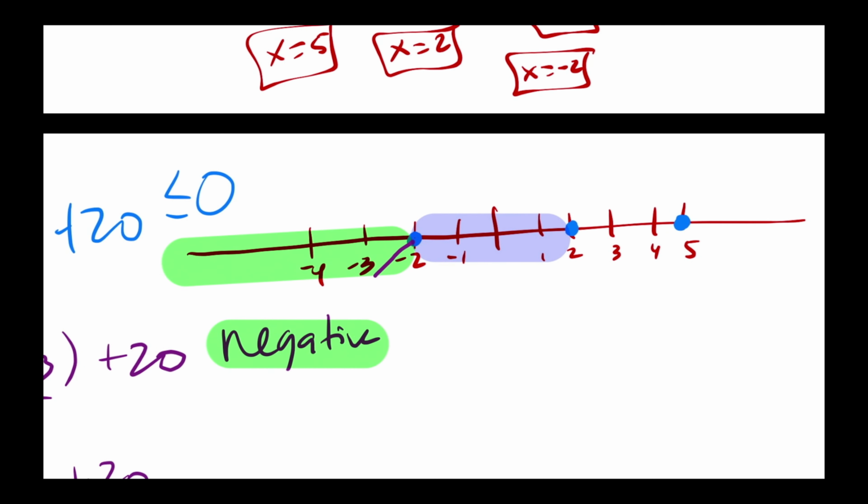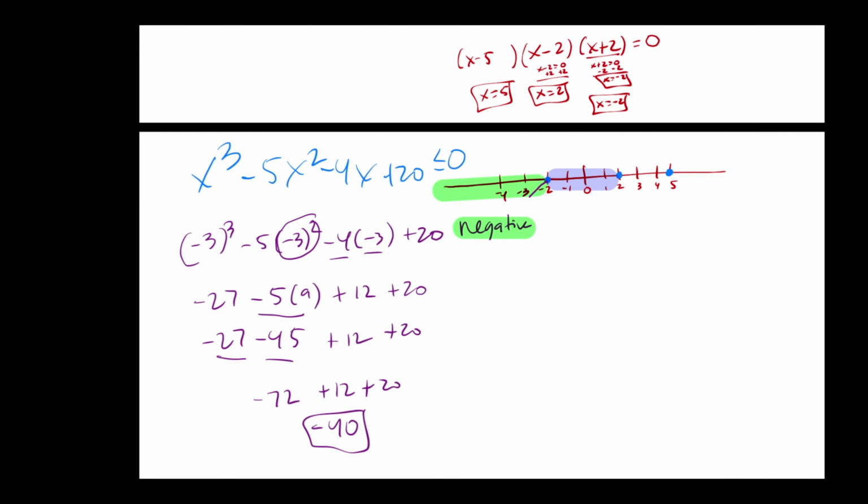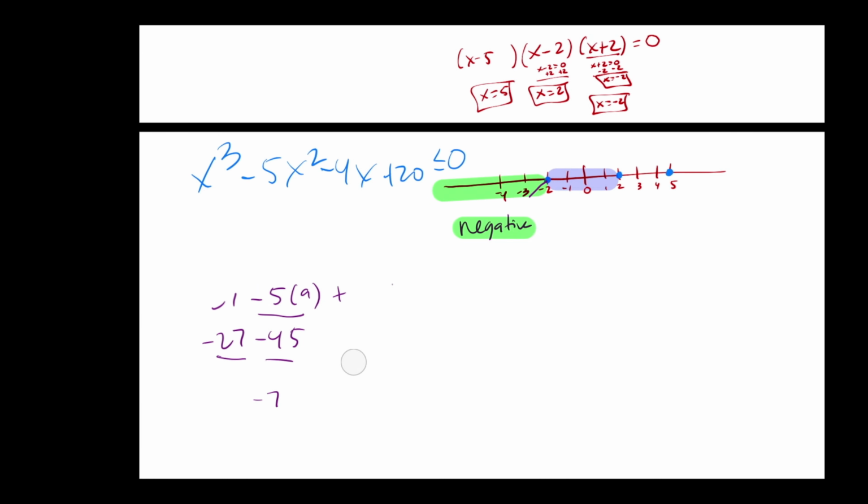There's a number that I love that I can use: 0. If I plug in 0 into x cubed minus 5x squared minus 4x plus 20, that's easy, because 0 cubed is 0, that's gone, 0 squared is 0, that's gone, and I'm left with 20. So this area is positive.